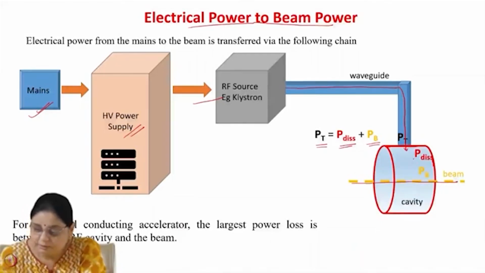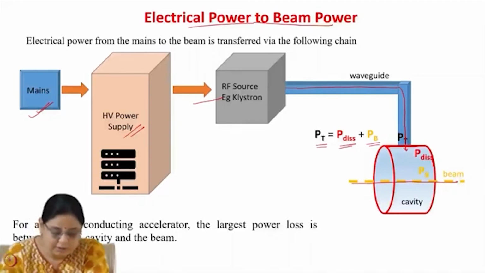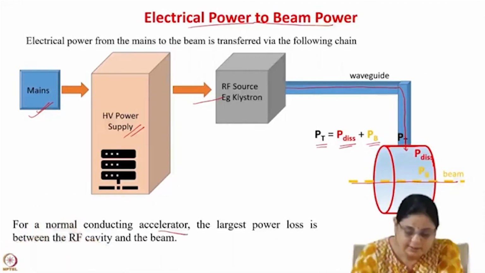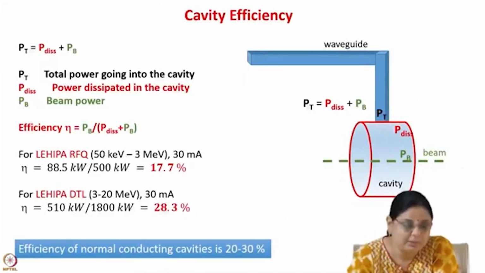If you calculate the efficiency of transfer of power from the klystron to the beam, this efficiency comes out to be very small. In fact, for a normal conducting accelerator, the largest power loss in this entire system is between the RF cavity and the beam. So let's get some real numbers.